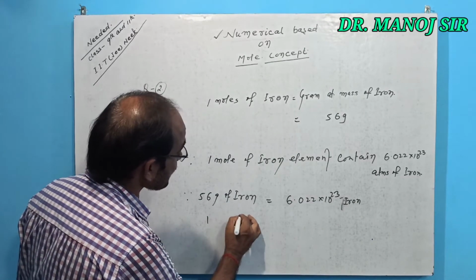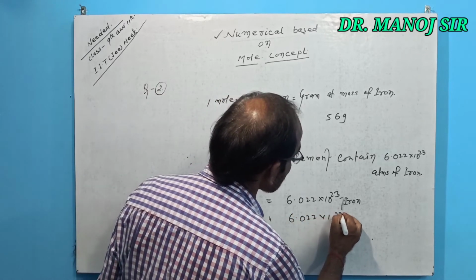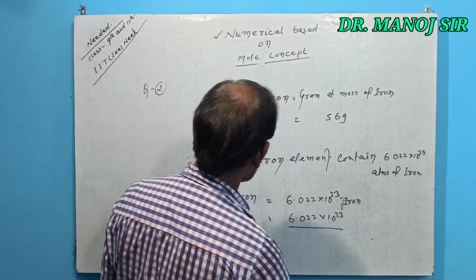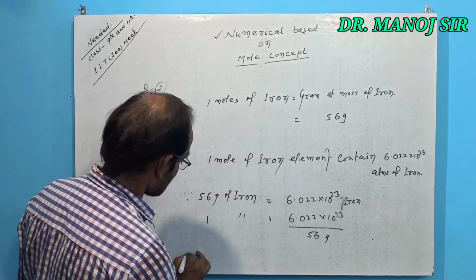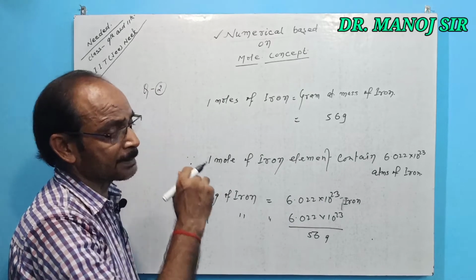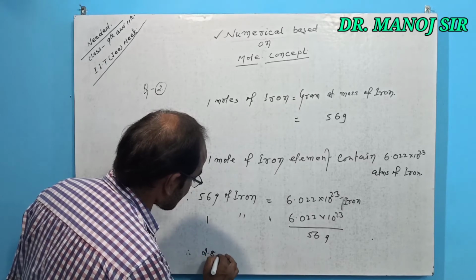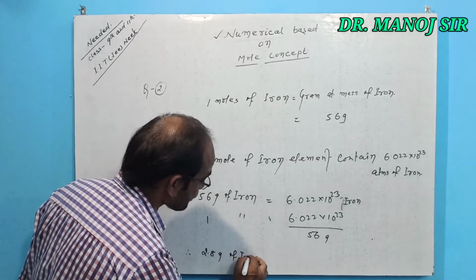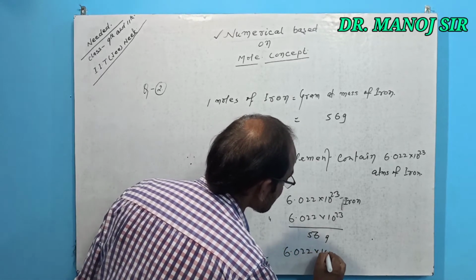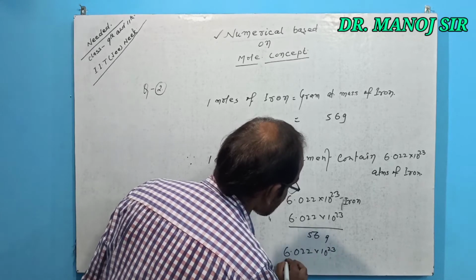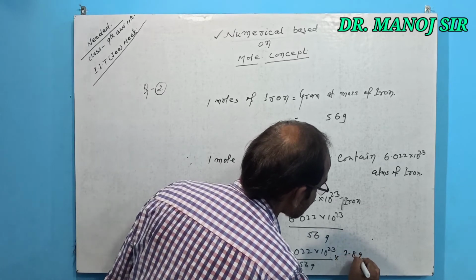Hence 1 gram of iron equal to 6.022 into 10 to the power 23 by 56 gram, or here the given mass is 2.8 gram. Hence 2.8 gram of iron equal to 6.022 into 10 to the power 23 by 56 gram into 2.8 gram.